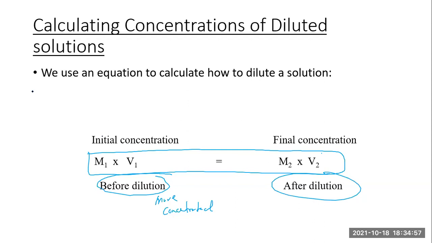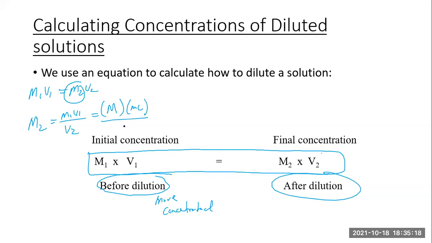So for example, if we have M1V1 is equal to M2V2, and we're solving for M2, M2 would be M1V1 divided by V2. And if we did molarity for M1, and milliliters for V1, and milliliters for V2, the milliliters will cancel, leaving molarity.